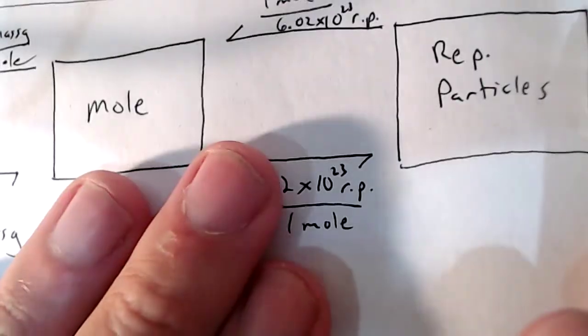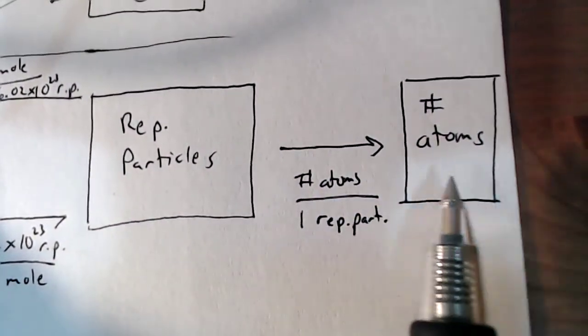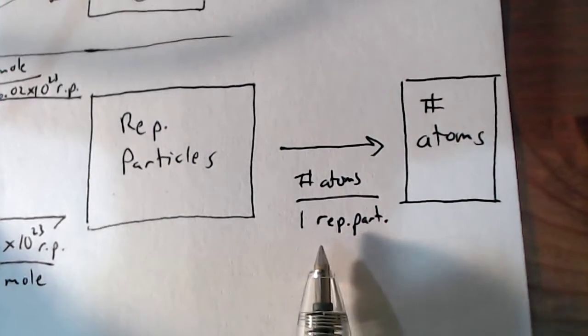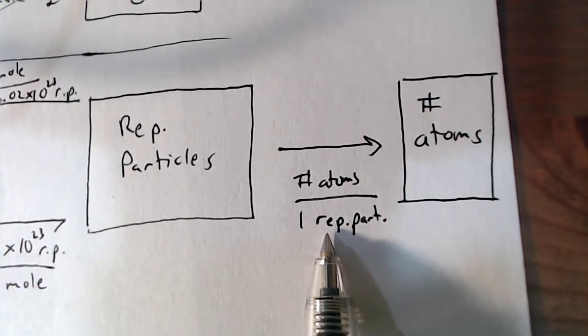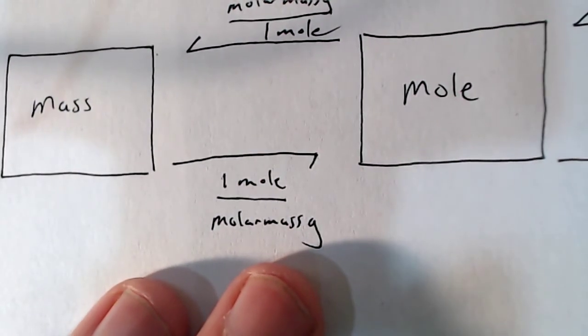Then, to go further to the right, we multiplied by 6.02 times 10 to the 23 over 1 mole. And then to go into atoms of just calcium, we found the number of atoms of calcium per formula unit of that substance. The mole map is your friend. It pretty much shows you all the calculations that you need to do.